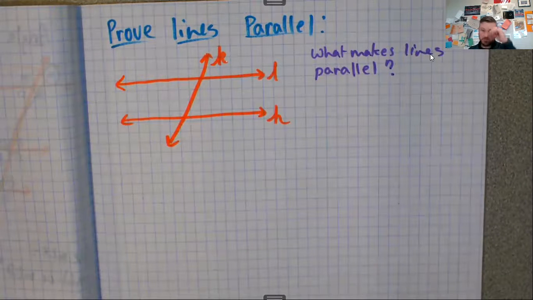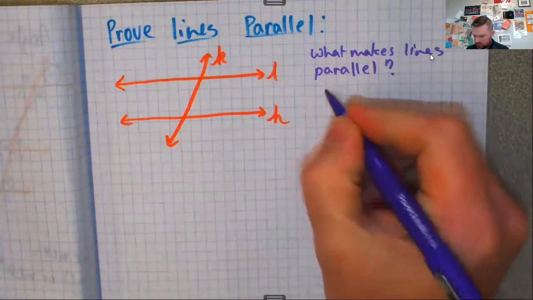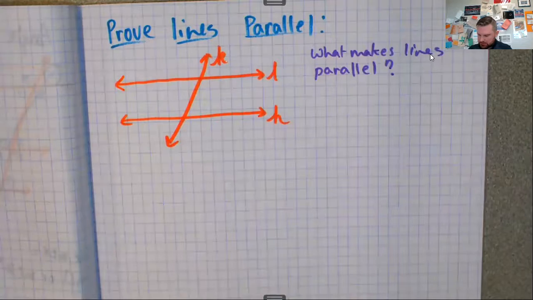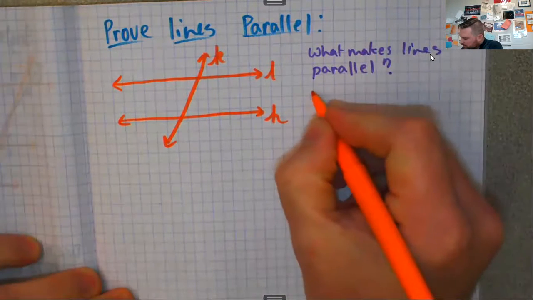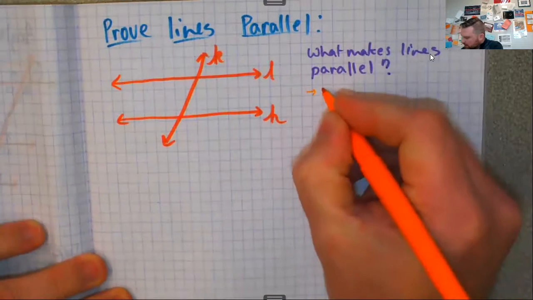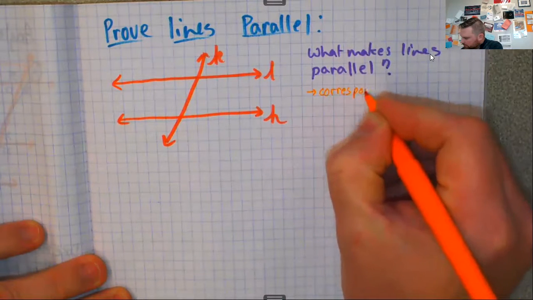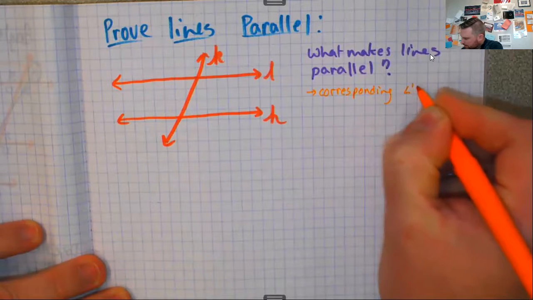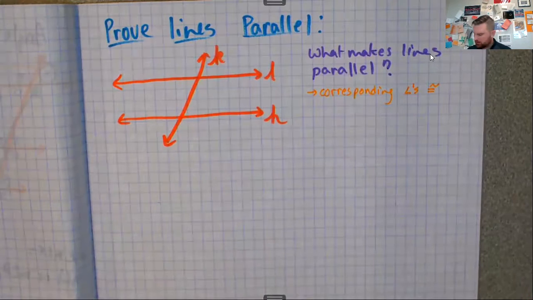Before we had talked about that if these lines are parallel, then corresponding angles are congruent. So the first thing we're going to say here, let me switch colors, is that if your corresponding angles are congruent, then your lines are parallel.